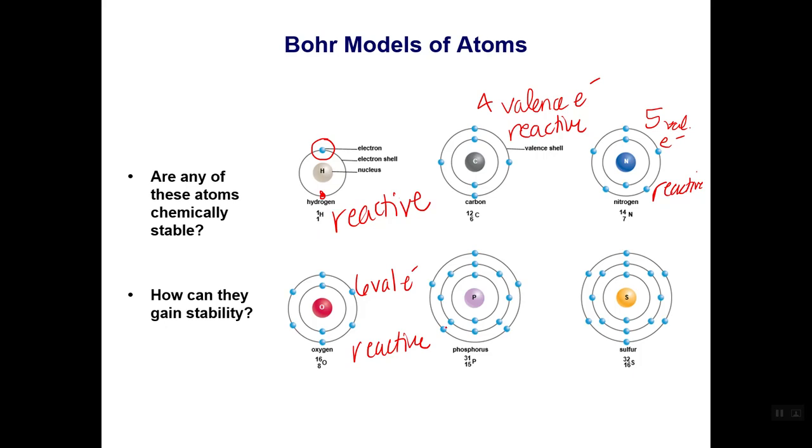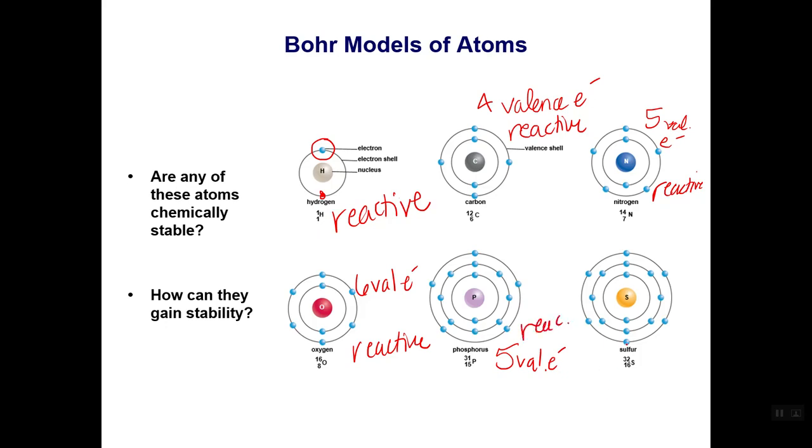So y'all see where I'm going with this, right? Now, we see a much larger atom, phosphorus. It has 3 electron shells. The outermost one is the valence shell. So it has 1, 2, 3, 4, 5 valence electrons. So is it reactive or stable?